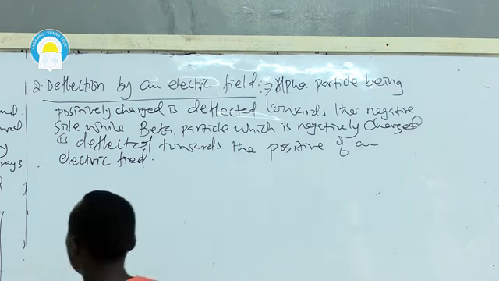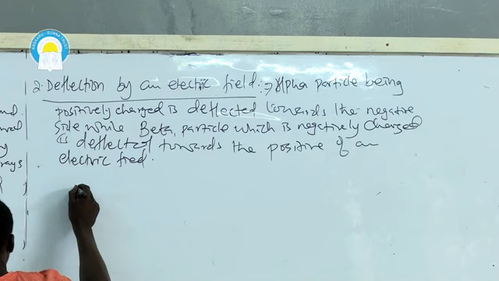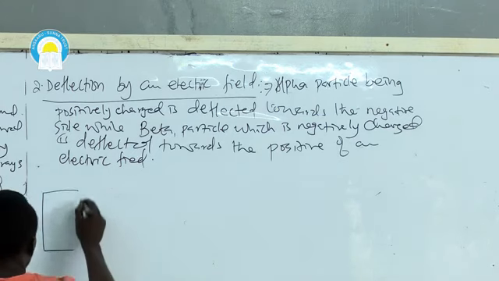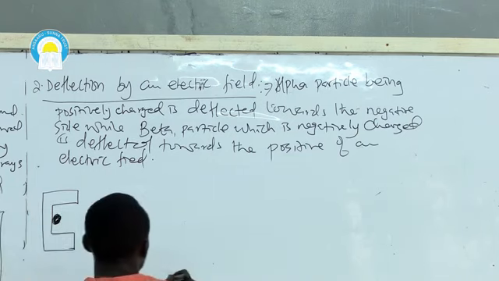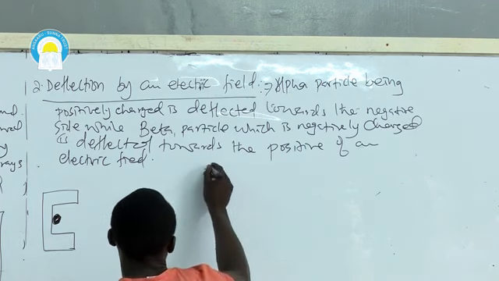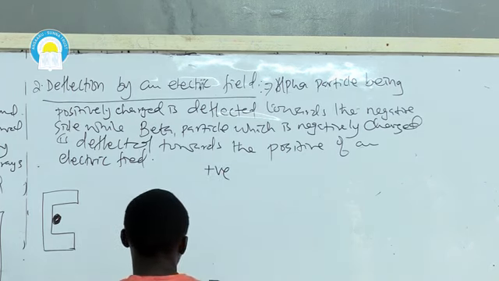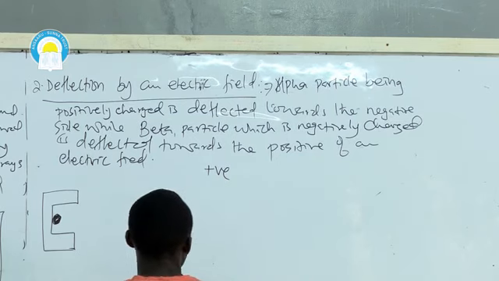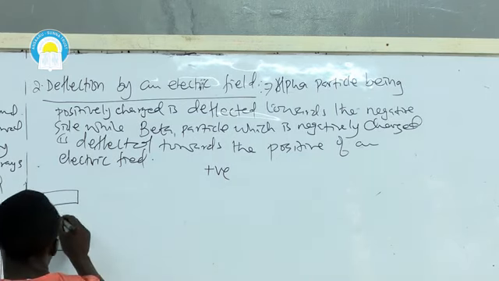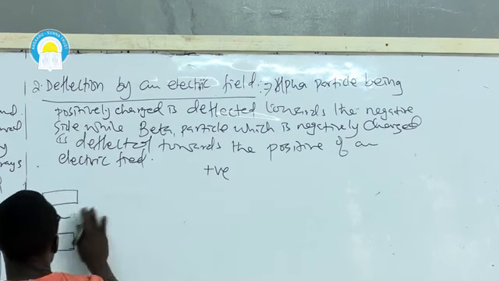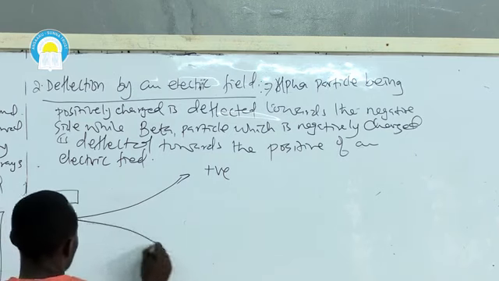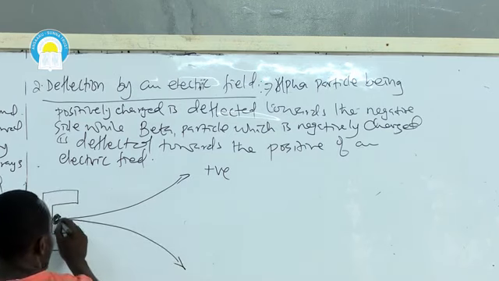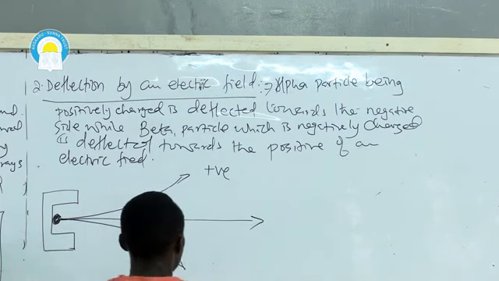Therefore, if we have a radioactive element here, this one represents a radioactive element. We have the positive side and the negative side of an electric field. There is the radiation that will be deflected towards this side, there is the one that's going to be deflected towards this side, and we have the one that moves straight.